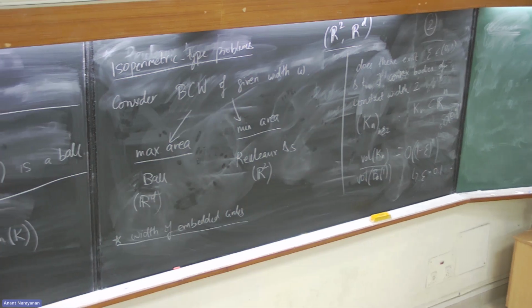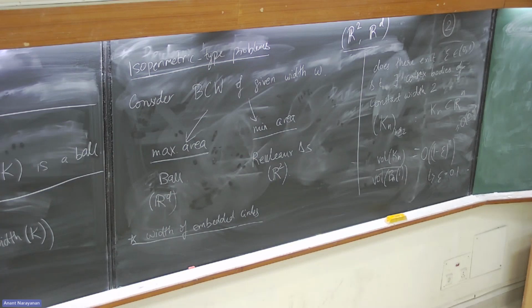But that is not clear. It might converge to something less than 1. It can still converge to something less than 1. They're not even minimizers. Only the triangle is true.